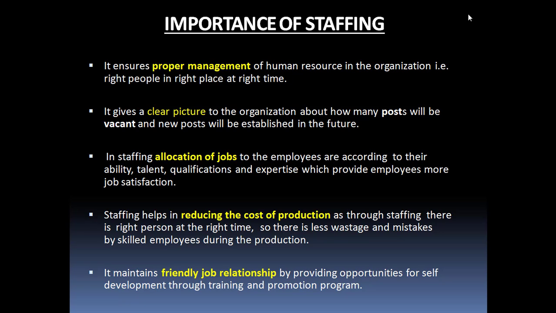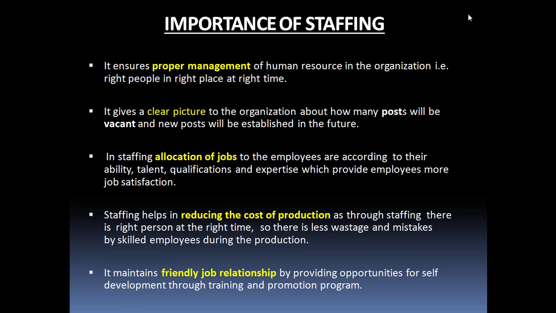Second, staffing gives a clear picture to the organization about how many posts will be vacant and when new posts will be established in the future. Now how will staffing give this clear picture? Because the very first step of staffing is manpower planning, that is to know how many positions an organization has now and how many positions will be vacant.